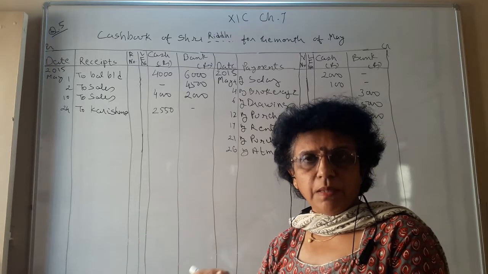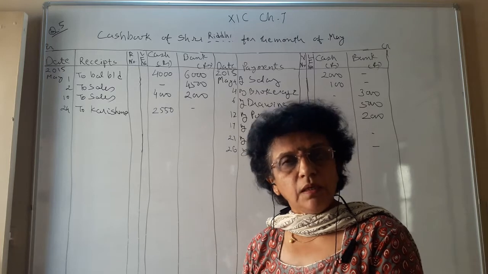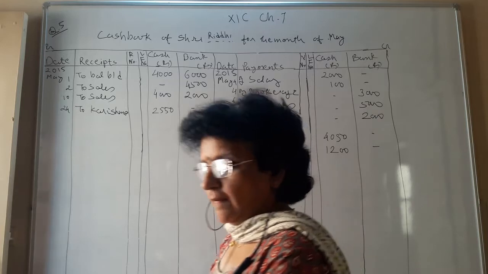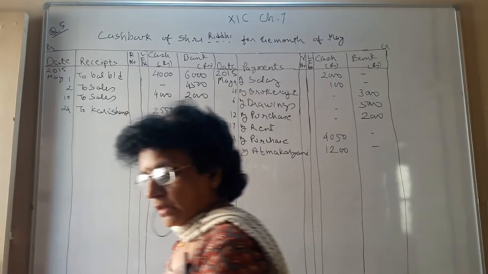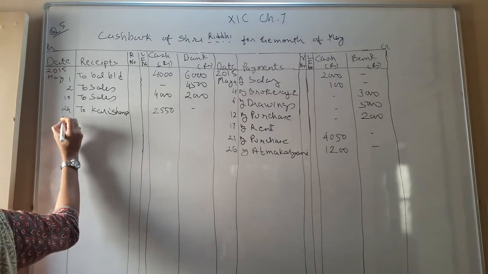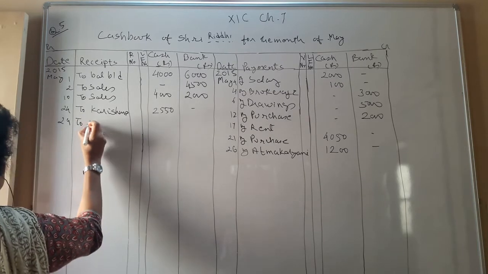Debtor is giving payment, so that payment is to be considered as received from the debtor. Clear? So Janvi account should be mentioned. Here Janvi issued a check of 3,000 rupees. Write on the 29th, that is to Janvi.